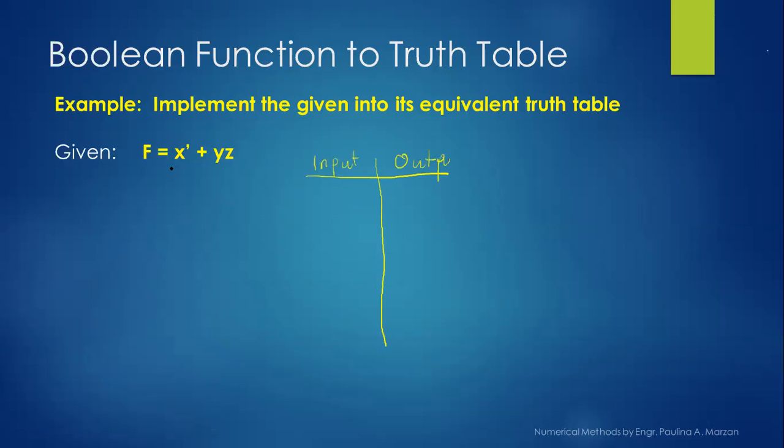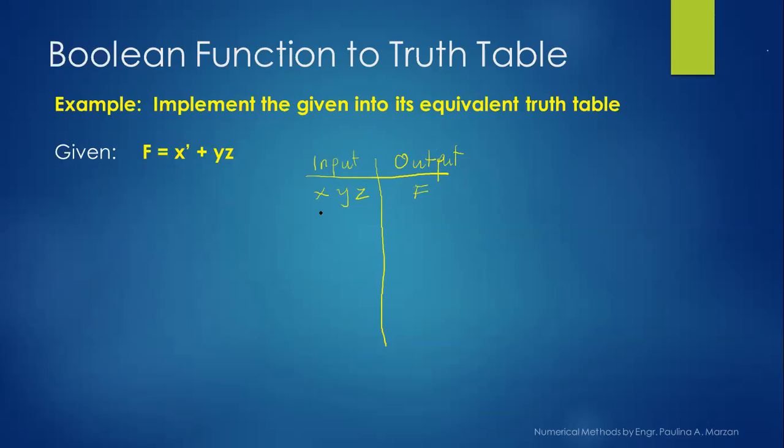In the given, we have three input variables, particularly x, y, and z. So we must label our truth table with x, y, and then z. And from the given, we have an output f, so we need a label f in the output column.